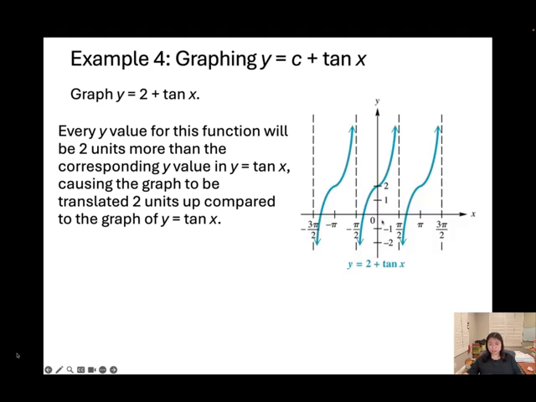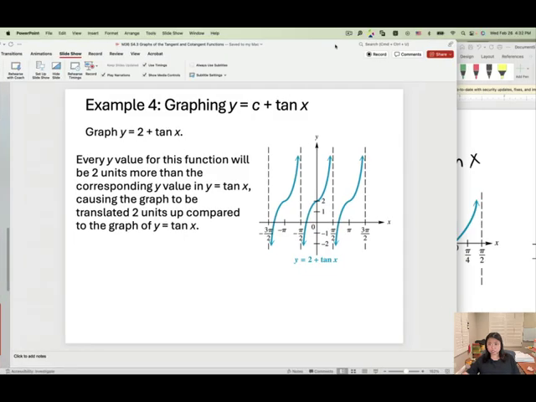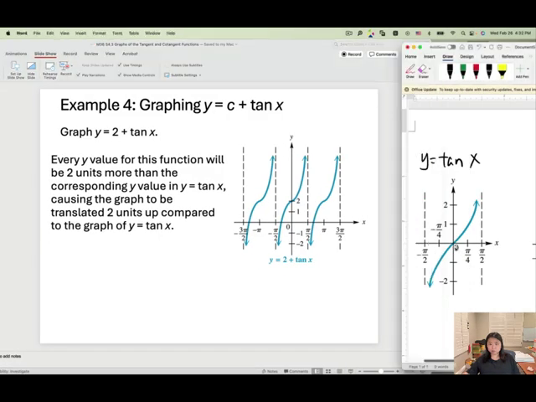So same thing here, it's supposed to be at 0, right? Since you're adding 2, you're going to move these 2 points up 1, 2 here. So becoming 2 here, becoming 2 here. And the vertical asymptotes don't change.